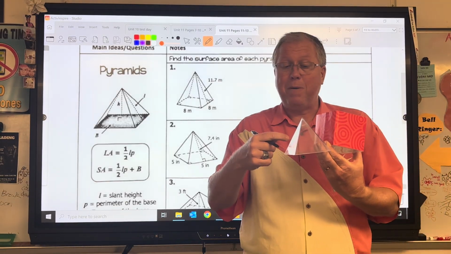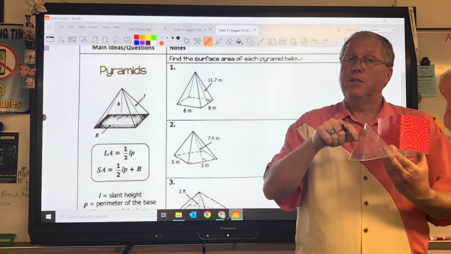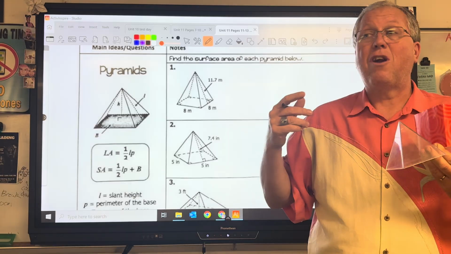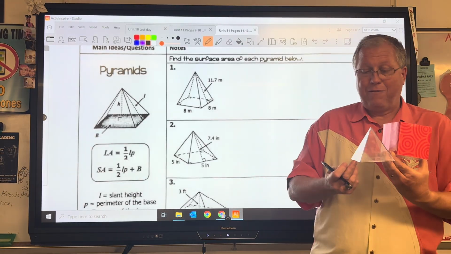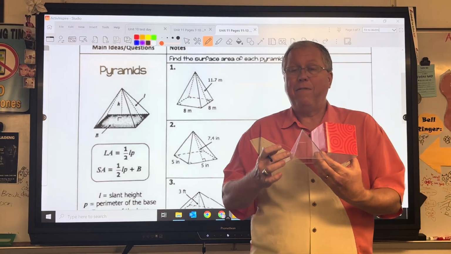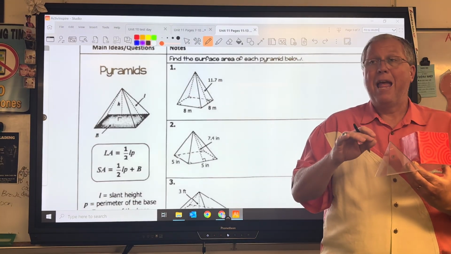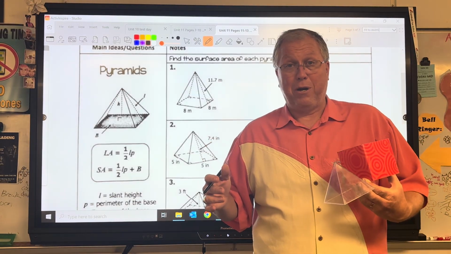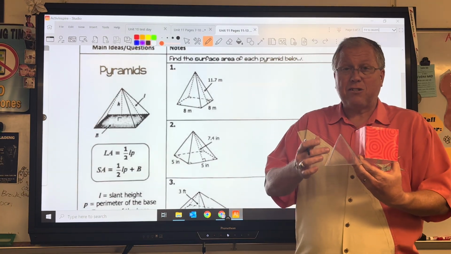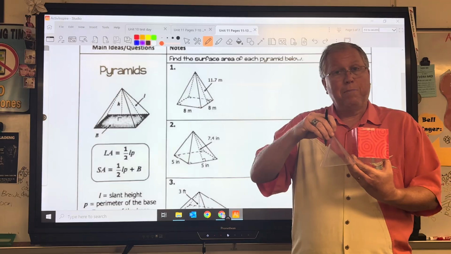Matter of fact, with the pyramid, you'll see there are 4 triangles that go up to the apex. If I had a triangular pyramid, I would have a triangle on the base, not the bottom necessarily, but the base. And I would have 3 triangles going up to the apex. If I had a hexagonal pyramid, which is a hexagon as my base, then I would have 6 triangles going up to the point at the top.